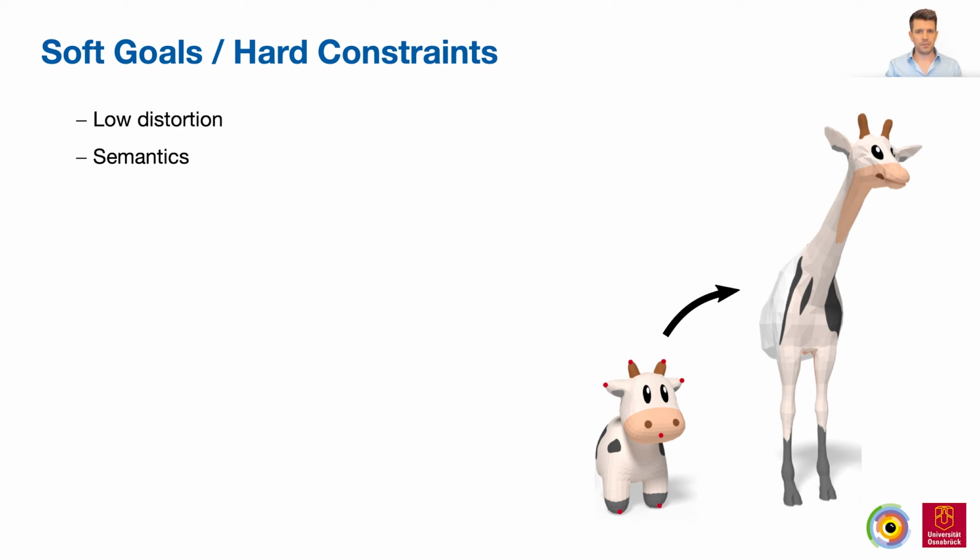So, taking the low distortion perspective again, we find that simply looking for the globally smoothest, least distorted map is not necessarily what one would actually want or need. Instead, in applications, we often have certain constraints that are to be respected.